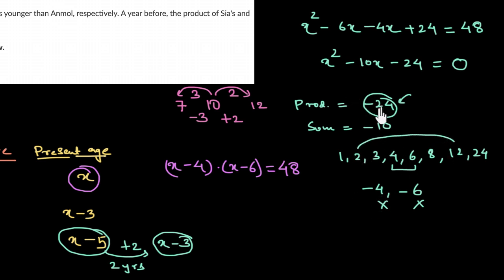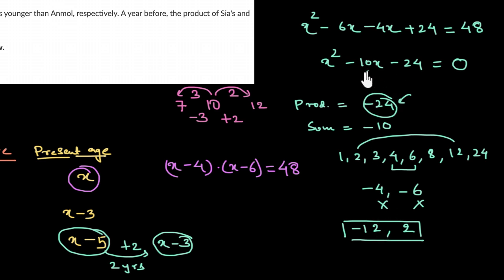Their product is negative, so one of the quantities would be negative. Let's say we have negative 12 and 2. So negative 12 times 2 is negative 24, and negative 12 plus 2 is negative 10. So this pair satisfies both our conditions. This is the pair that we are looking for.